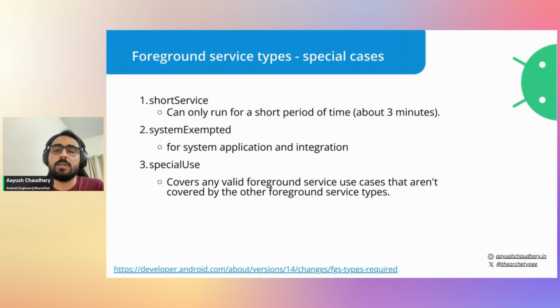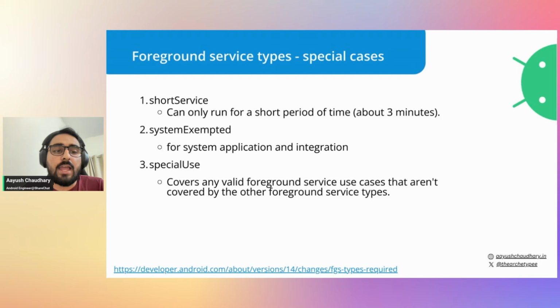We have system exempted. These are reserved for system applications and specific to system integration. Suppose your app has the profile owner or device owner permissions, or you have permission for exact alarm schedule, then you might use this. If still these do not cover your use case, then there is special use.